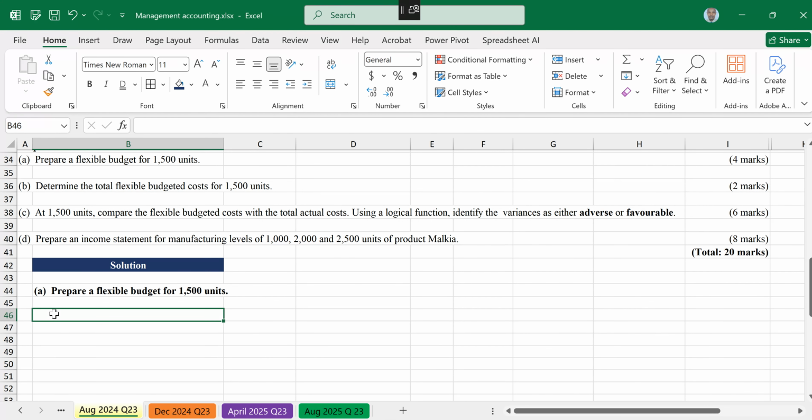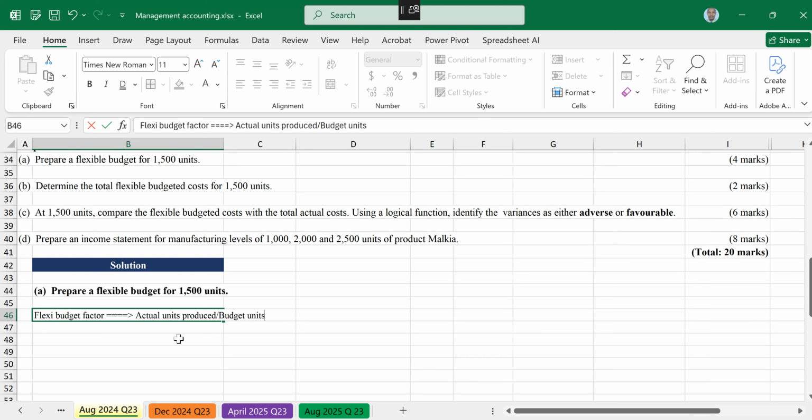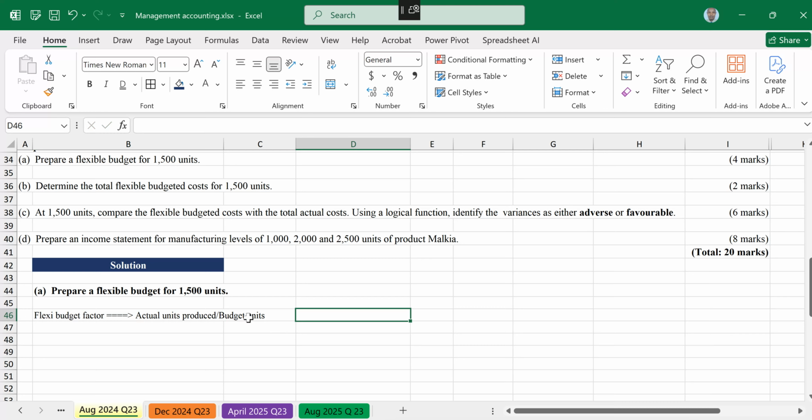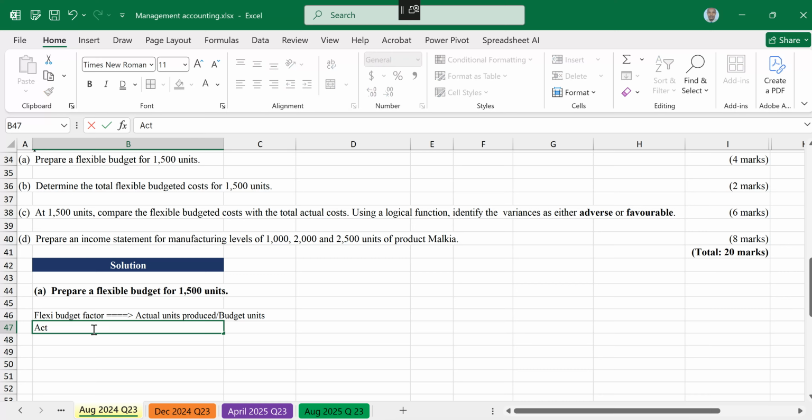Now in doing this, get the flexi budget factor, which is given by actual units produced divided by budgeted units. So the actual units over the budgeted units.